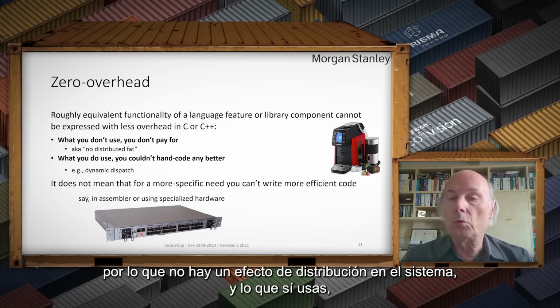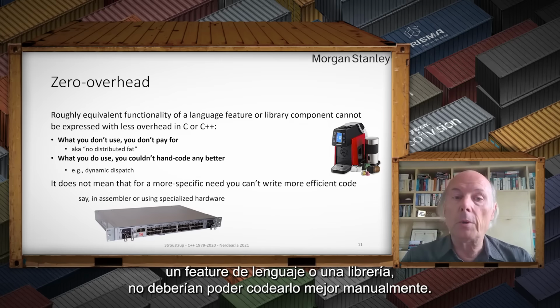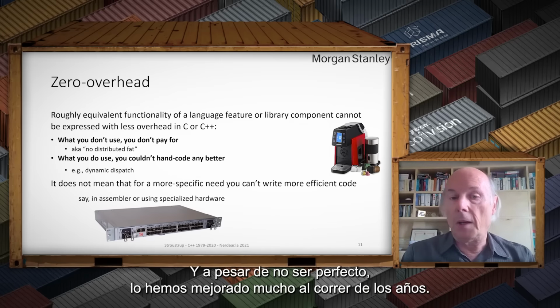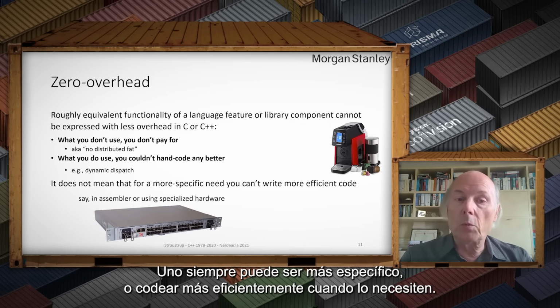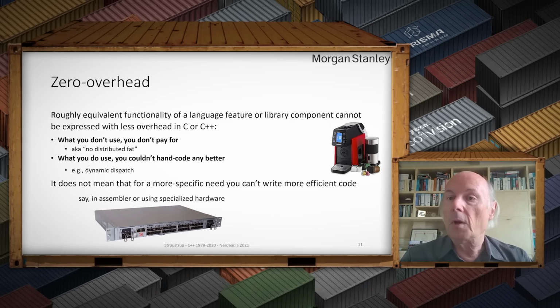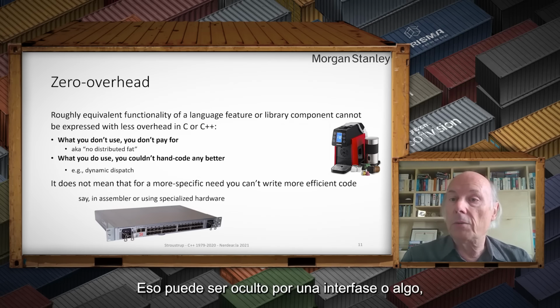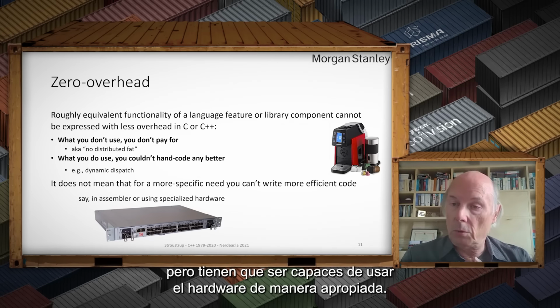And what you do use, a language feature or library, you shouldn't be able to hand code it any better. And we aren't perfect at that, but we've been pretty good over the years. You can always be more specific or write more efficient code when you need to. That can be hidden by an interface or something, but you have to be able to use the hardware well.